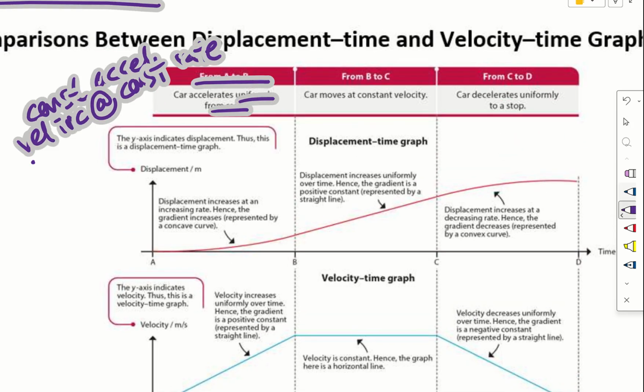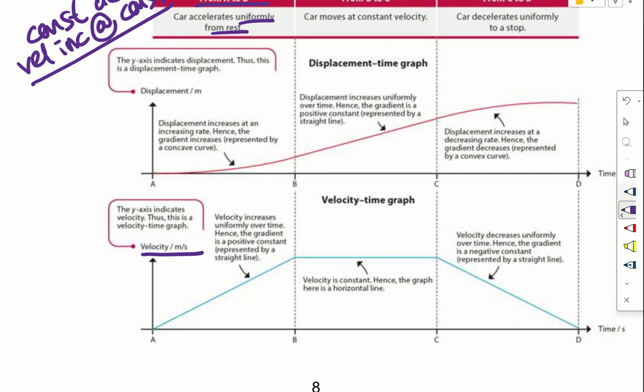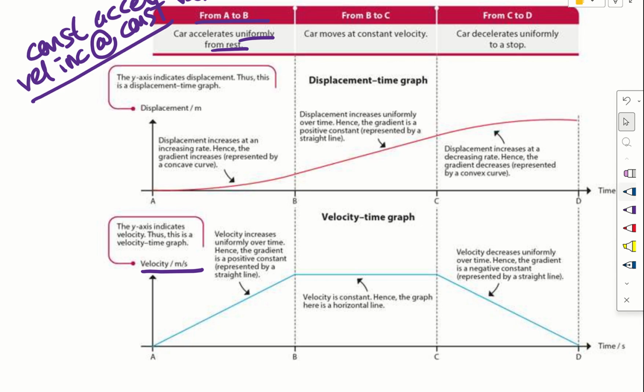So for velocity time graph, the velocity actually increases at a constant rate. Why? Because this is a straight line. So straight line means constant gradient. Constant gradient means constant acceleration.